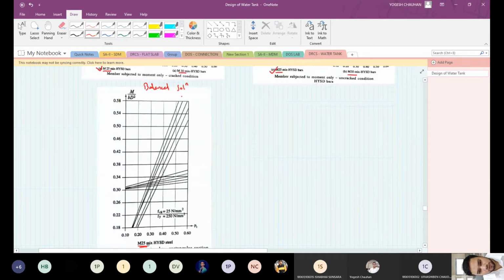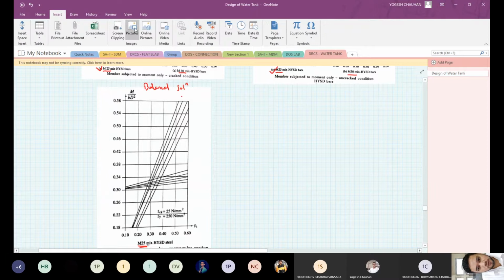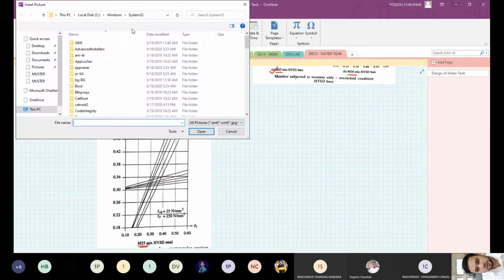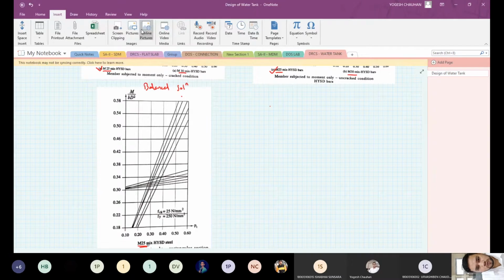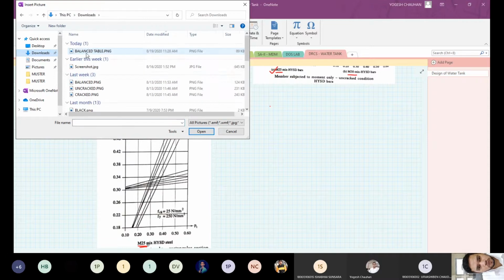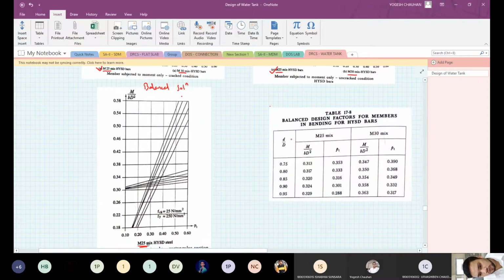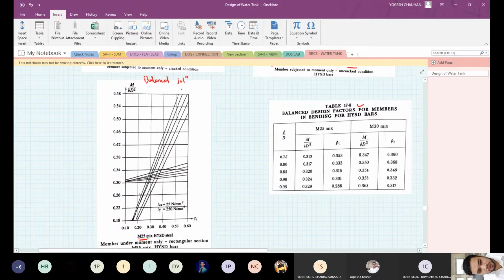There is one table which gives this chart in tabular form. This table is for M25 and M30. The charts for the balanced section are converted into tabular form.